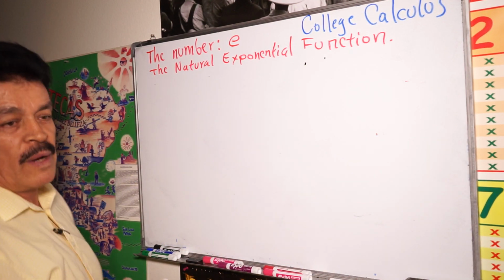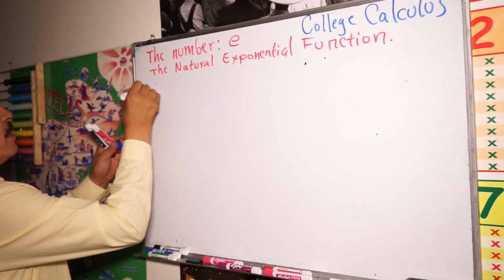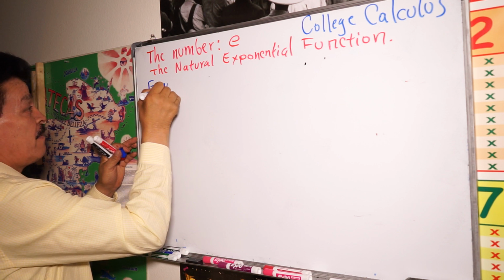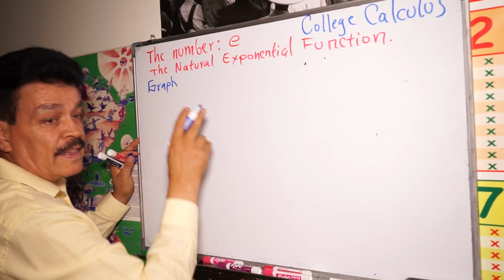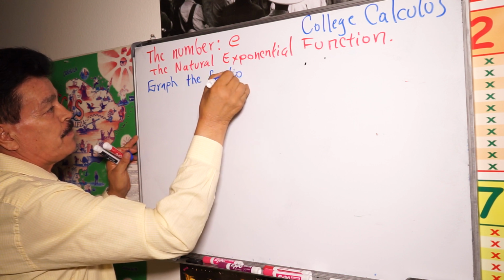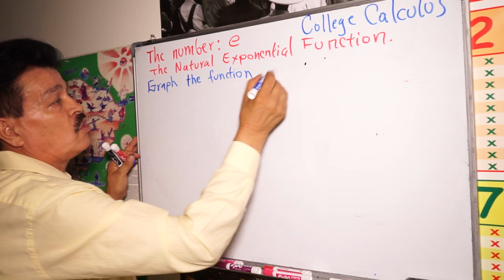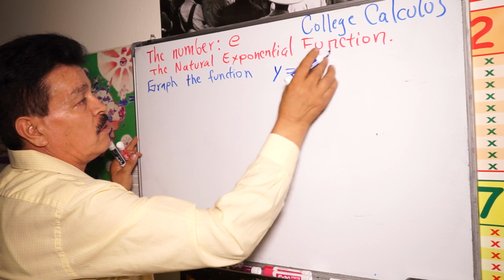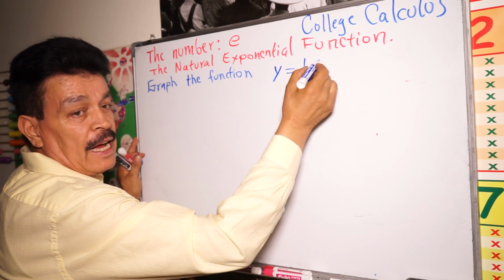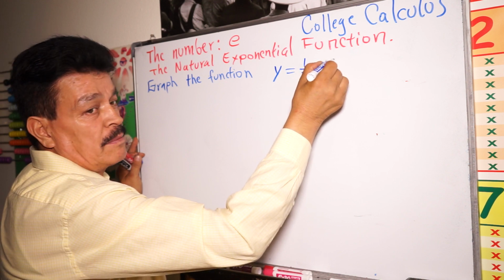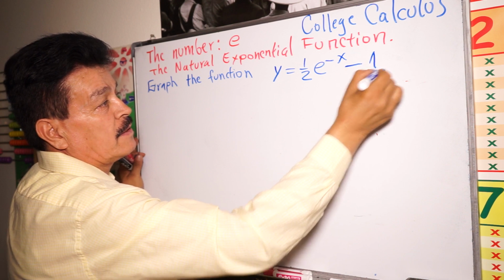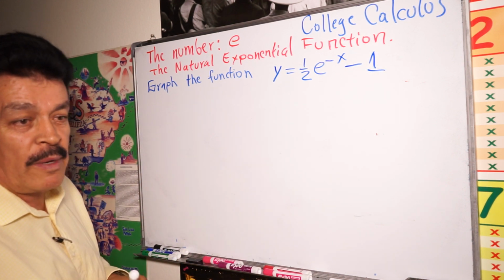Graph the function y equals one half e to the negative x exponent minus 1. All right, this is our problem.